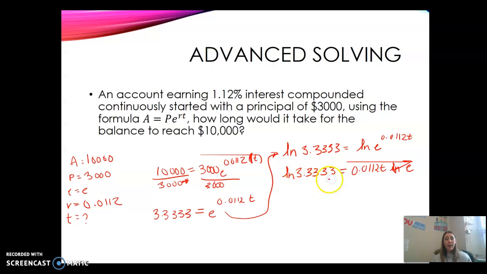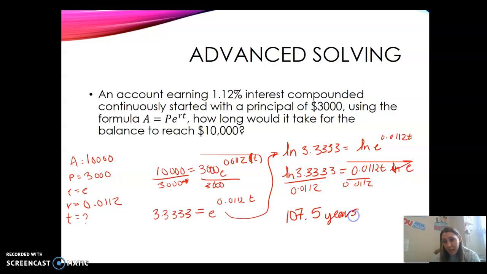So now I have this, and then I just need to divide both sides by 0.0112. So in my calculator, I'm going to type natural log of 3.3333 divided by 0.0112, and I get that the time would take 107.5 years.